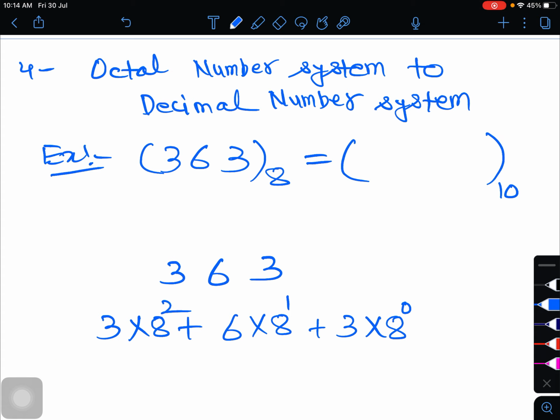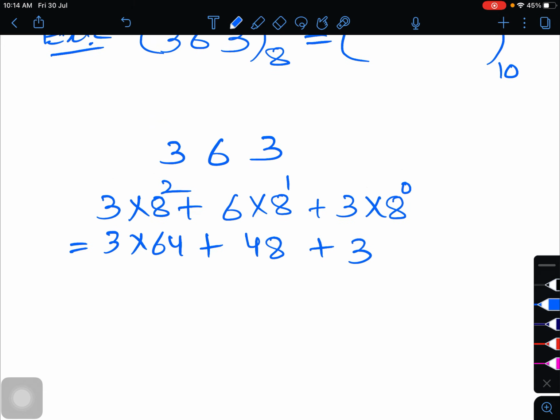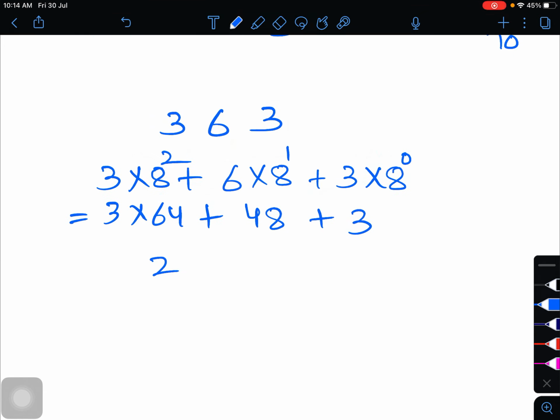Just 3 into 64, 8 6s are 48 and carry is 1, 3 6s are 18, plus 1 is 19, plus 48, and we get the sum.